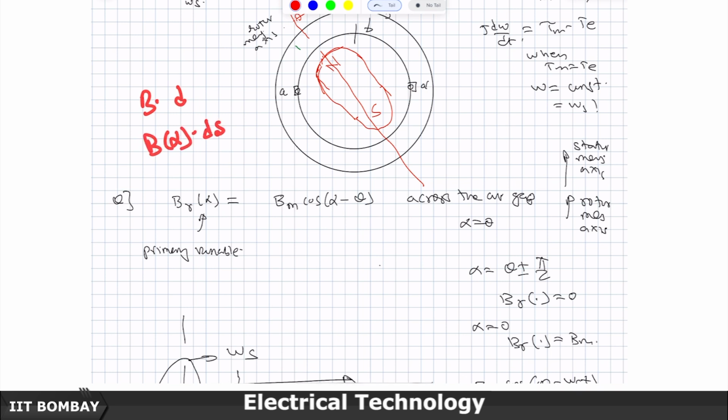look at the small ds strip there. Suppose you are at an angle alpha, this is the stator axis.